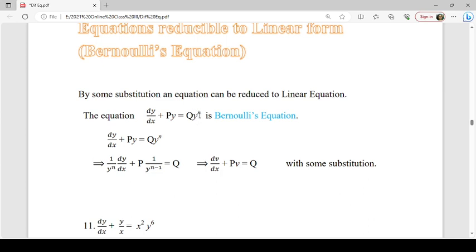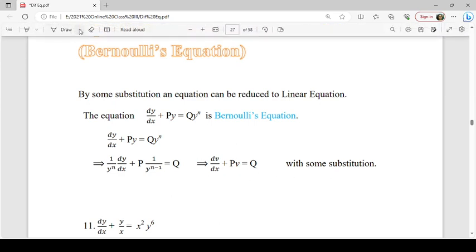If we make this free from y, we divide by y to the power n, then the right hand side is q only. Then in place of y we write 1 by y to the power n minus 1, because we are dividing by y to the power n. Now we put a substitution. Now let us see this substitution.